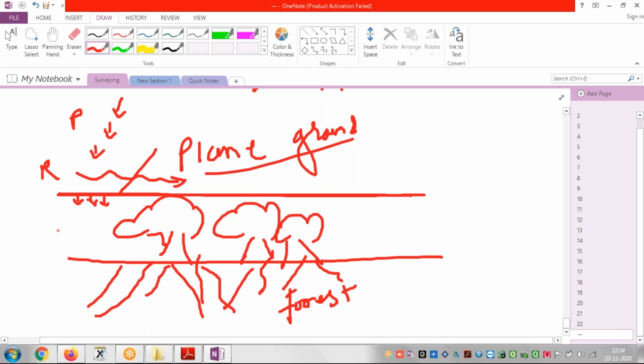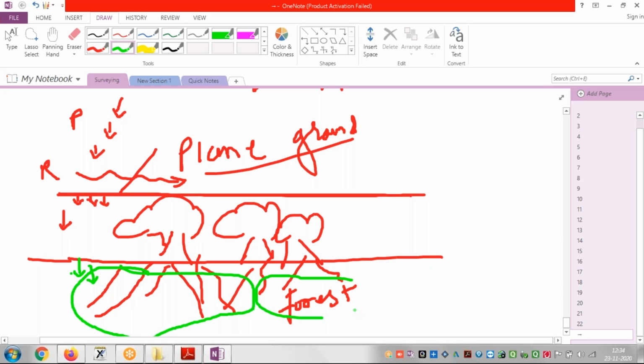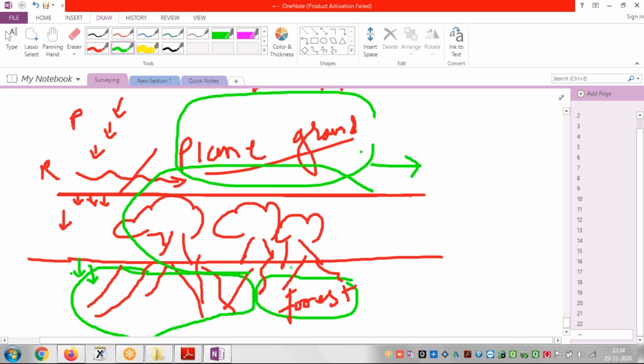Once this rainfall occurs, most of the water which is infiltrated is captured by these roots. If it is only plain ground, more runoff will be there. If it is a forest, then runoff will be very, very less, right?